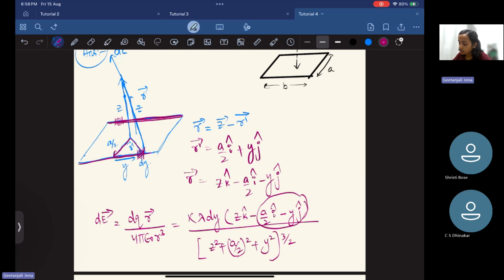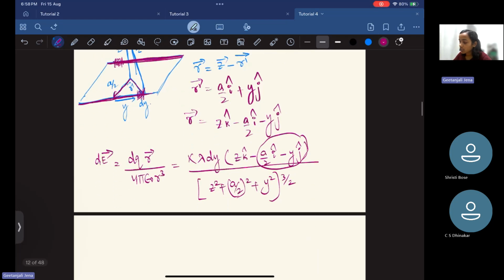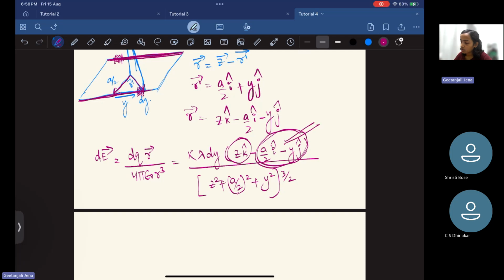So this length is similar to this length. For this area element, this will be plus a by 2 i cap and plus y j cap. So when you sum up the field for this and this, i cap and j cap will cancel because of the symmetry. Only the j cap component will remain. So that is why we won't consider this two part.